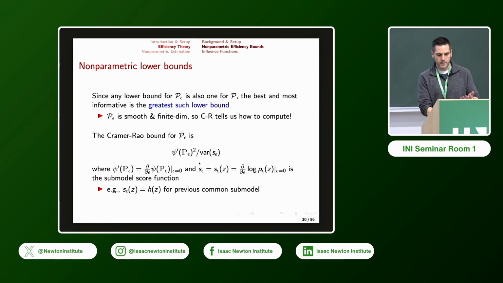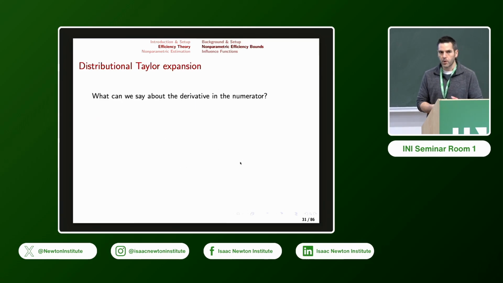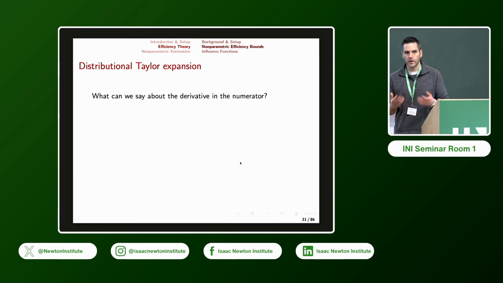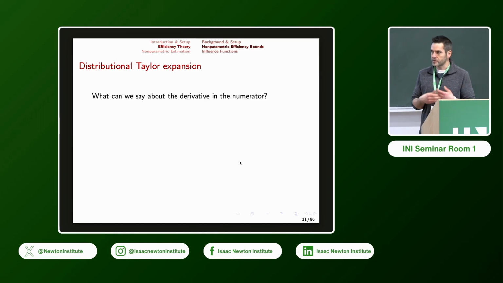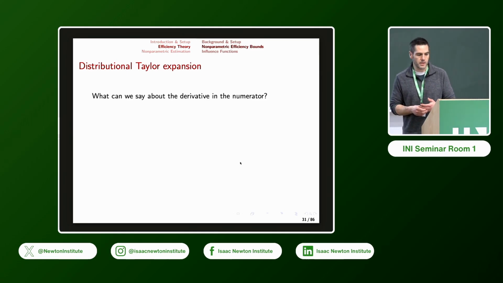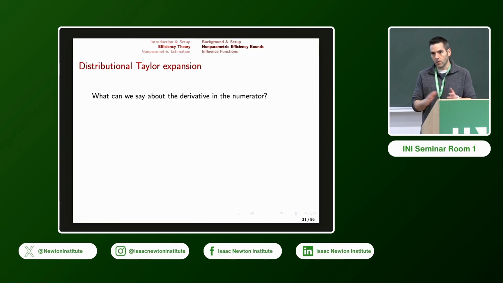The numerator is a little less clear what I should do with. For this, we're going to impose some smoothness condition on the functional that we're targeting, which is a meaningful restriction. It's imposing enough structure for us to be able to say something interesting. But it's quite generic, and it will be a valid restriction for lots of different kinds of causal quantities that we care about.